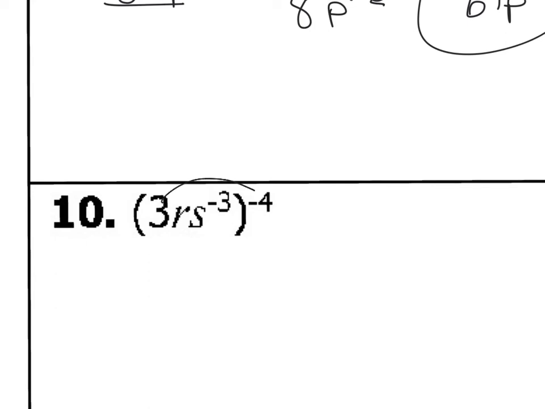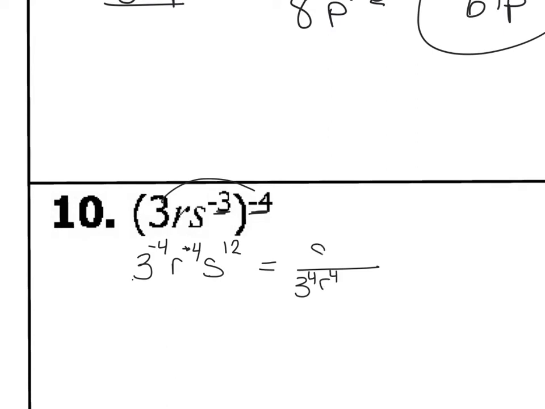So this is 3 to the -4 power, r to the -4, and s. Negative times negative is positive. All right, so let's draw our fraction bar. These two are negative, so they need to go on the bottom.